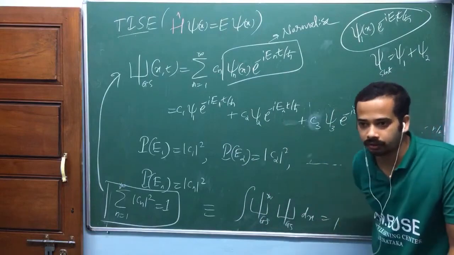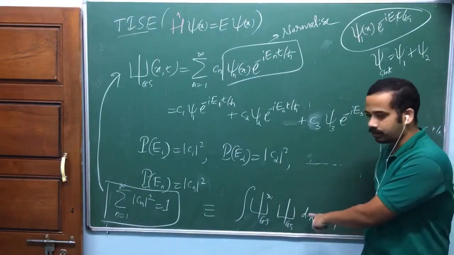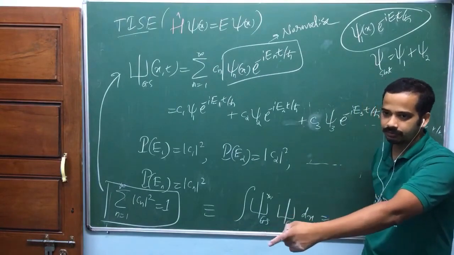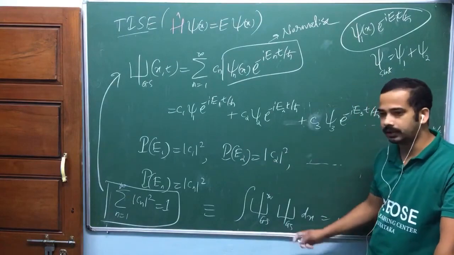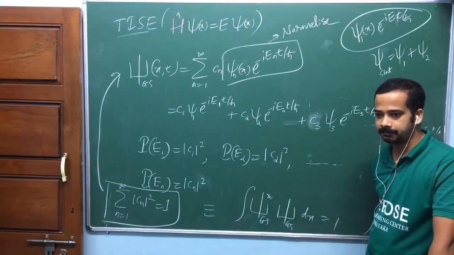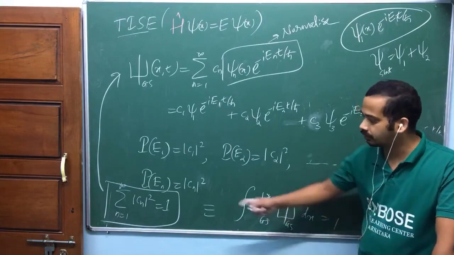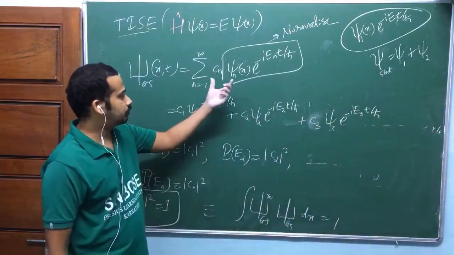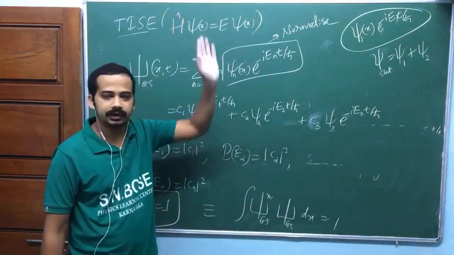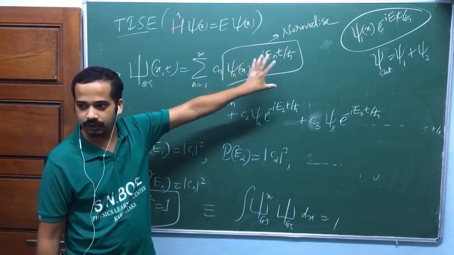We call that the orthogonality relation. That comes as a later concept, that's why I am not going to prove this one. He proved it in the particle in a box. We shall prove it later in the particle in the box. Yeah, that's a good question. If psi1 square, psi2 square, everything is there, that integral equal to 1. That is normalization. You know that one. But you still don't know orthogonality.